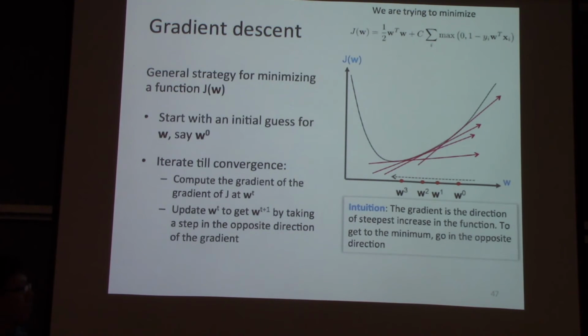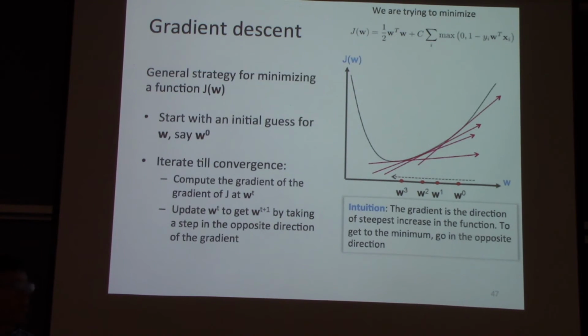So in the 1D case, the gradient is just the derivative. It could be either pointing to the right or pointing to the left. In 1D you only have 2 choices. The gradient points to the increasing direction, so we are going backwards. In this example, suppose we have some initial value W0, and then you see the gradient pointing to the right.